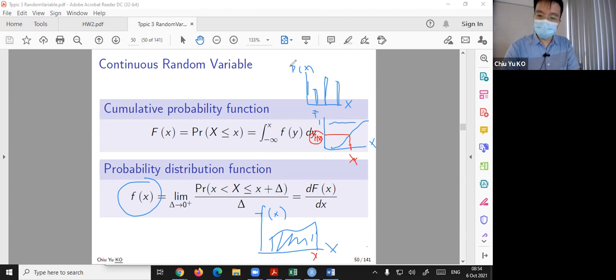If you look at this whole area, the red area will be the number big F of x here. And reversely, the slope at this point will be the value of this. So that is the fundamental theorem of calculus, if you learn calculus. But we're not doing calculus, just telling you how they're related.